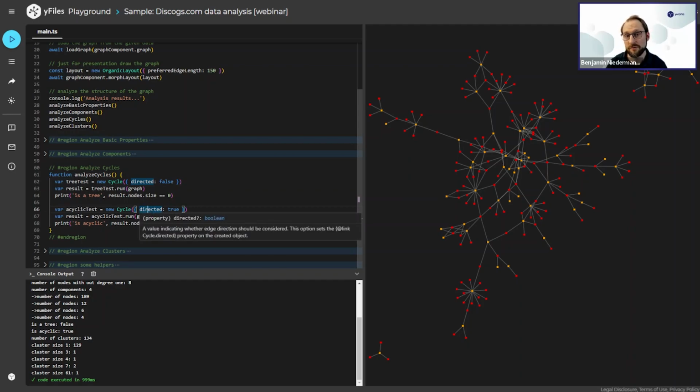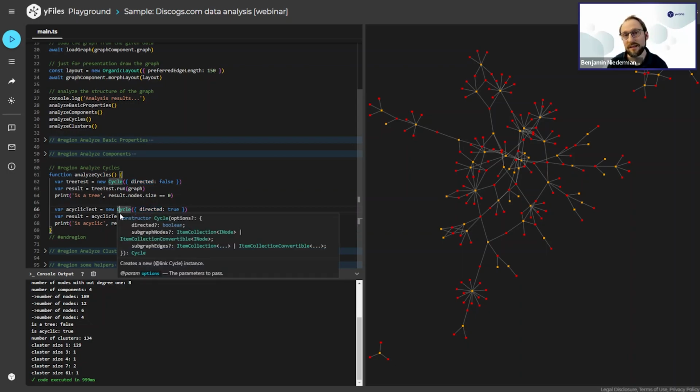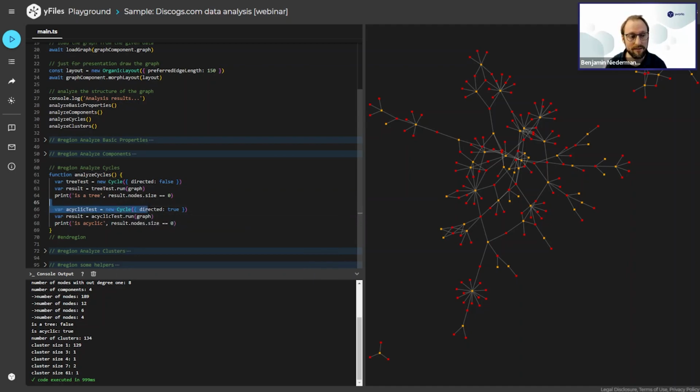I already know that it's not a tree, so it has some cycles, and now I ask whether there are directed cycles. And when I run this cycle test, I get the information: no, it has no directed cycle, so it must be acyclic.